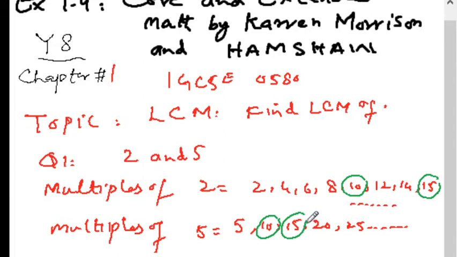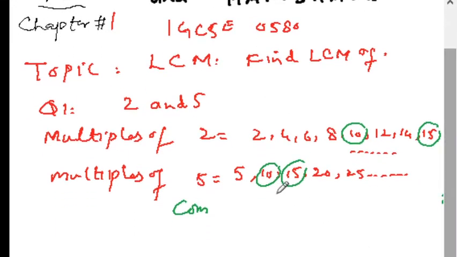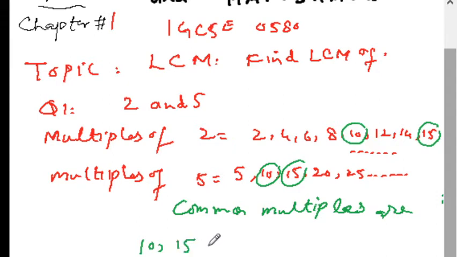These are the common multiples of 2 and 5: 10, 15, even 20 is a common multiple there.